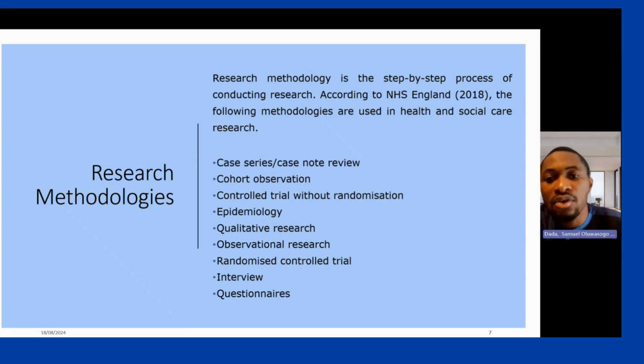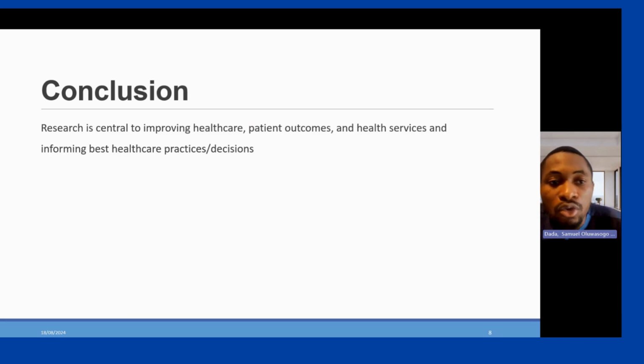There are different methodologies you apply in health and social care research. We have the case series, we have cohort observation, you have controlled trials without randomization, you have epidemiology, you have quantitative research, you have observation, you have randomized controlled trial, you have interview, you can use questionnaire. There are a lot of methodologies which we are going to be looking into in detail in subsequent presentations.